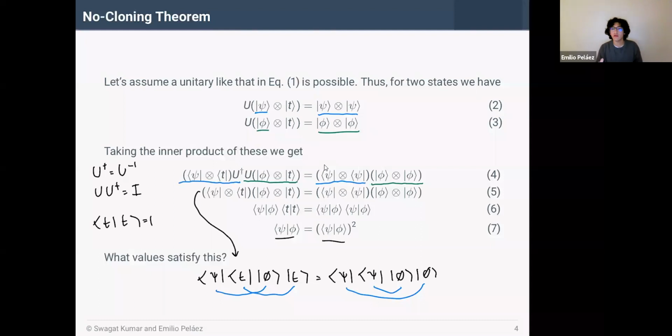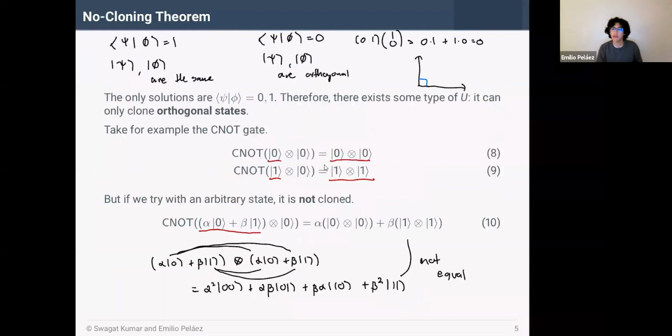And the only values that satisfy that are 0 and 1. So having an inner product of 0 means that the states are orthogonal, and having an inner product of 1 means that they are the same. We're just focusing on the case in which the inner product is 0. So that's basically why we can only copy orthogonal states, because that's the condition that makes such a unitary exist.